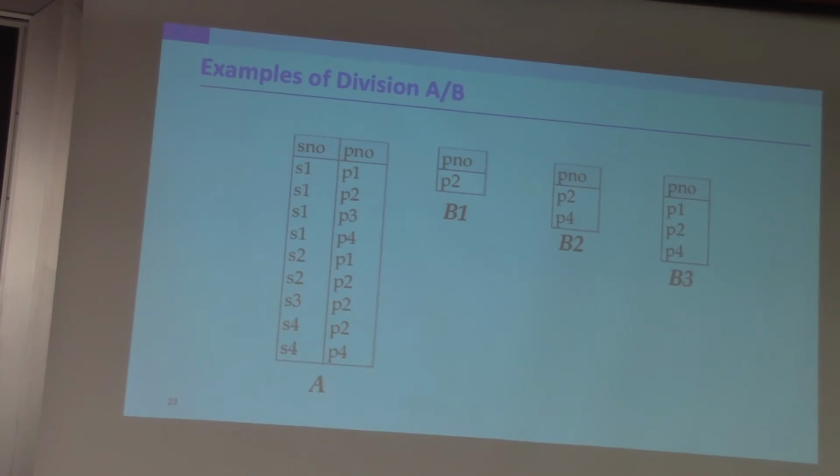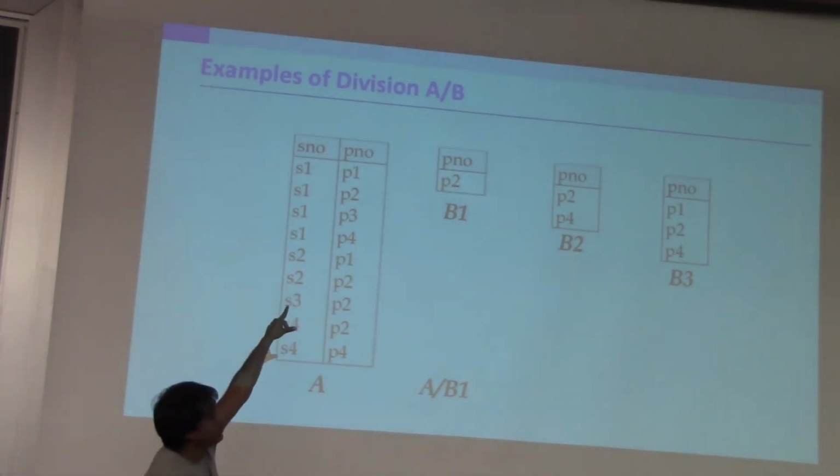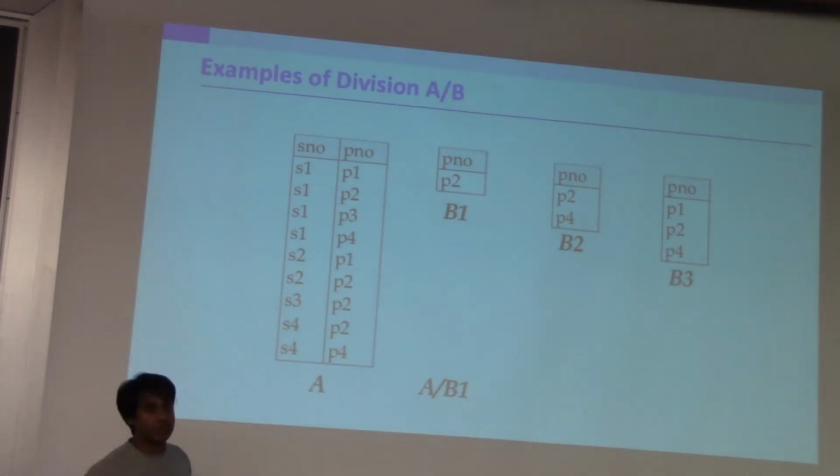Okay. Now say I want to divide A by B. What can be the result? This is the simplest one. We have S1 with P2, S2 with P2, S3 with P2, and also S4 with P2.